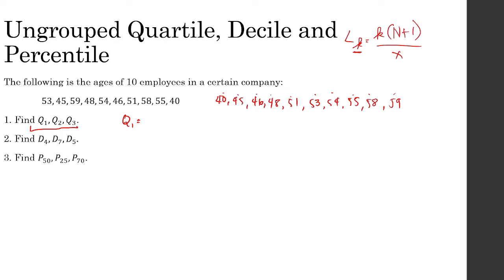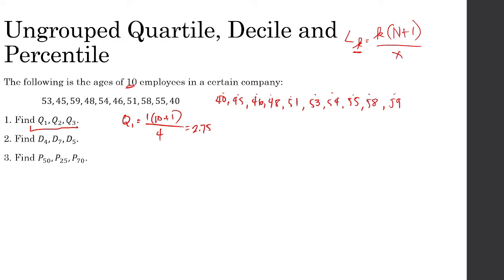So in here, we have 1 and this is quartile, so we will have 1 times N, which is 10, plus 1. Then let's just divide it by 4. So basically, this is 11 divided by 4, which is actually 2.75.